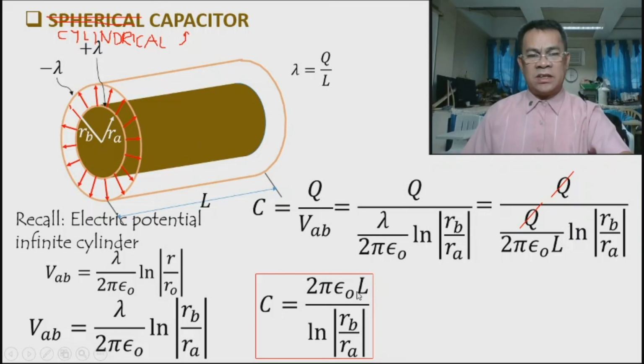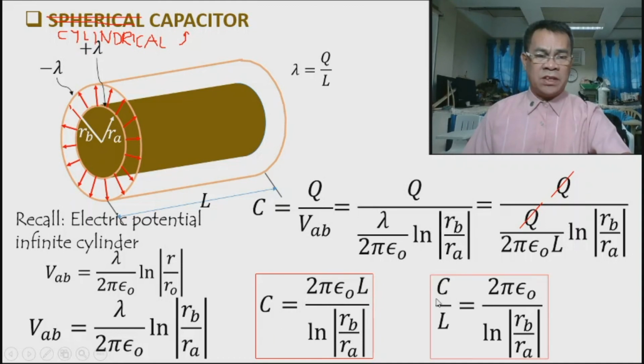Take note, this is if L is given. But if L is not given, you can divide by L and say it is capacitance per length. So the capacitance per length is 2 pi permittivity over the natural logarithm of the absolute value of RB over RA. This is the capacitance of the cylindrical capacitor.